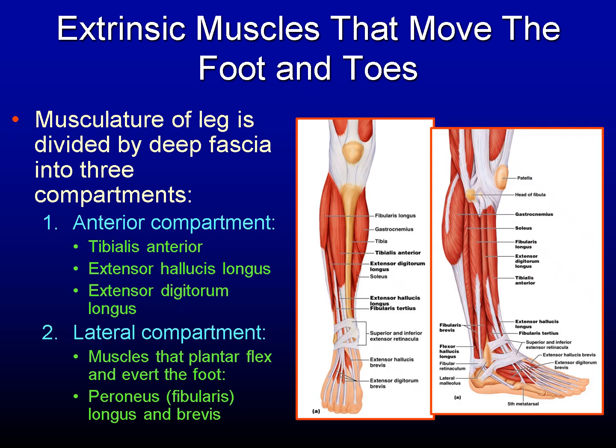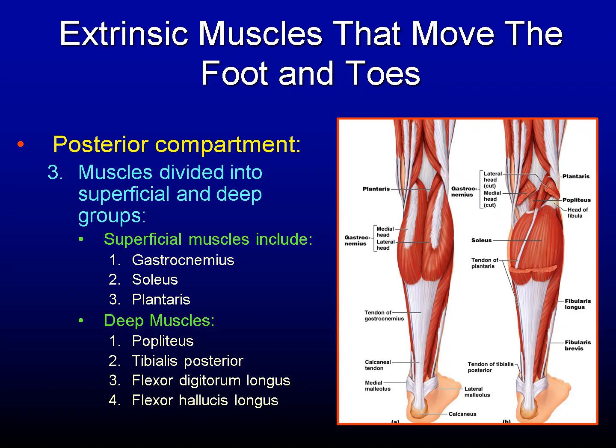The lateral compartment contains muscles that plantar flex and evert the foot. These are the fibularis peroneus longus and brevis. The posterior compartment includes deep and superficial muscles. The superficial muscles include the gastrocnemius in the first layer and the soleus and plantaris in the second layer.